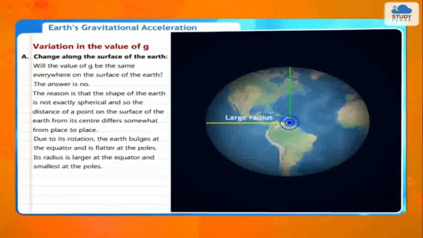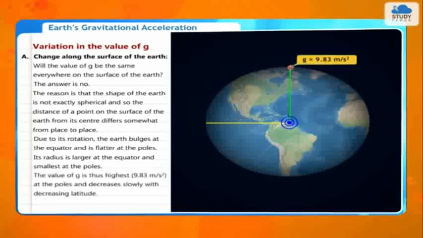Its radius is larger at the equator and smallest at the poles. The value of g is thus highest, 9.83 meter per second square at the poles, and decreases slowly with decreasing latitude. It is lowest, 9.78 meter per second square at the equator.